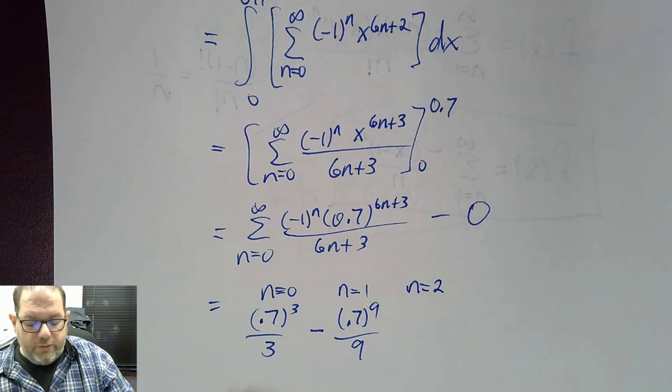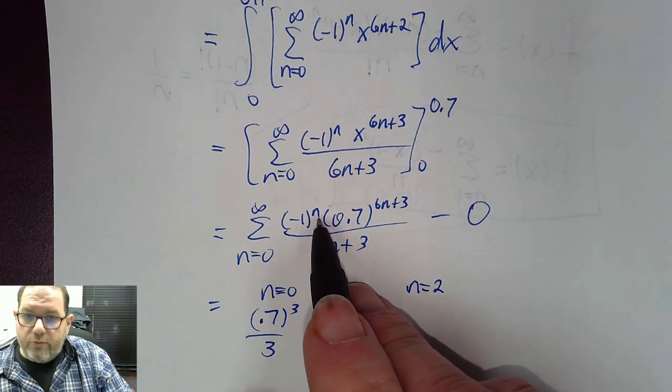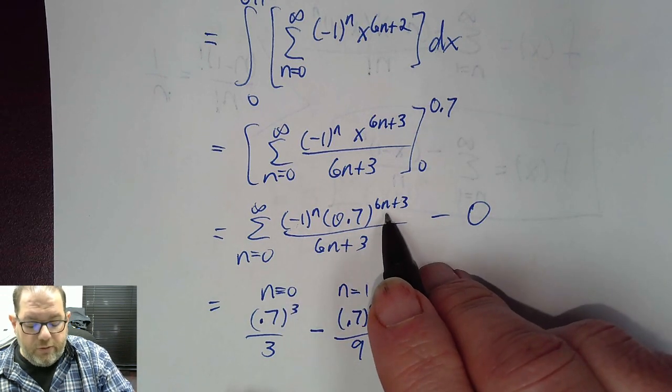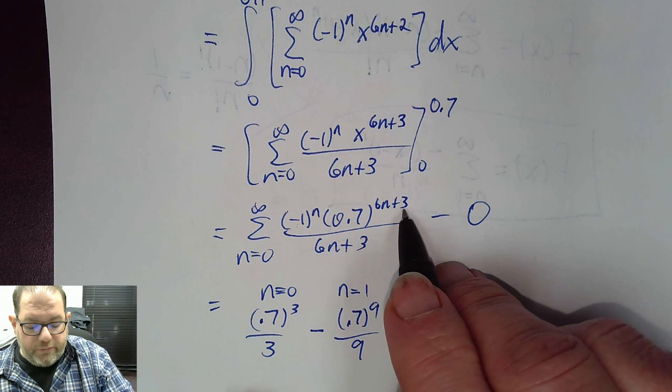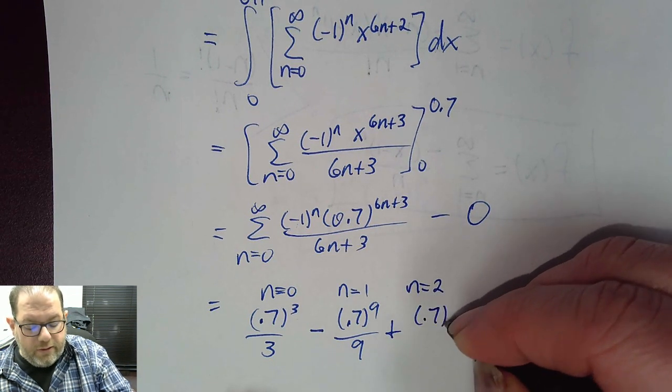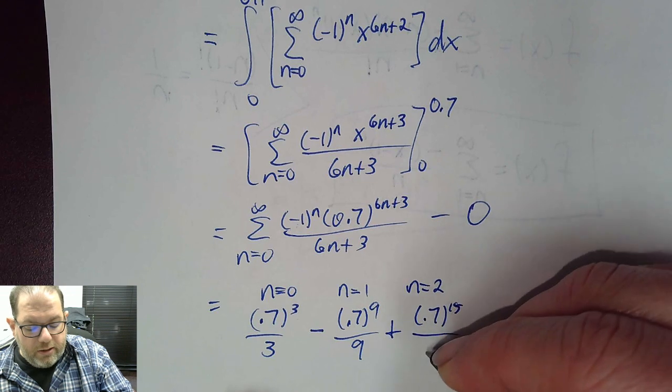And then n equals 2. Negative 1 squared will be a positive 1, so plus 6 times 2 plus 3 makes 15. So we have 0.7 to the 15 divided by 15.